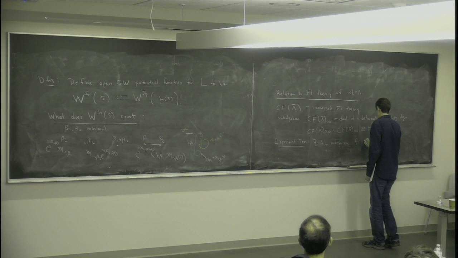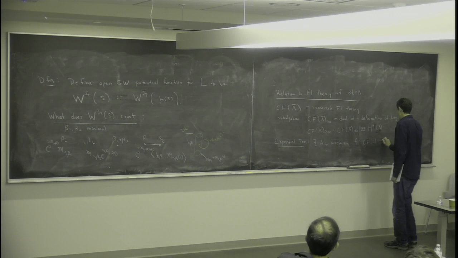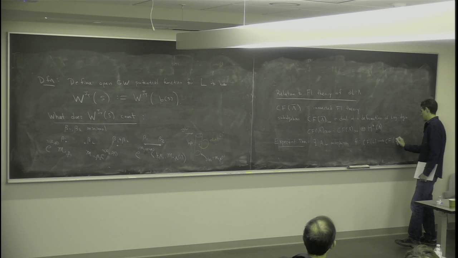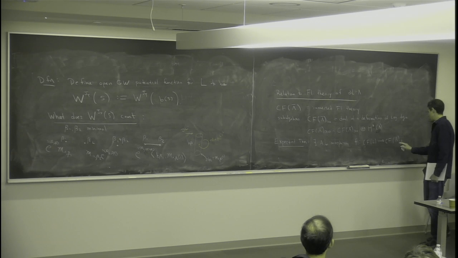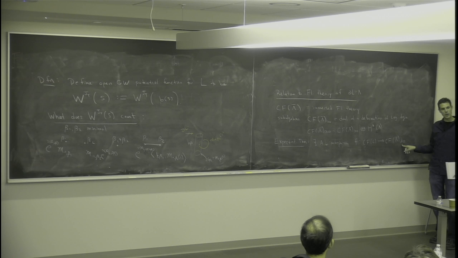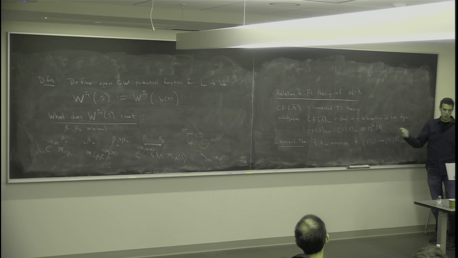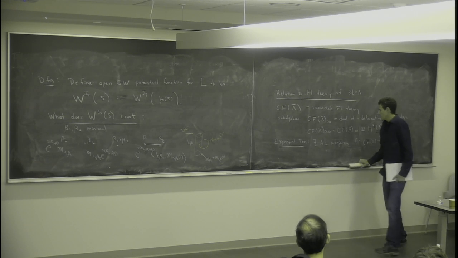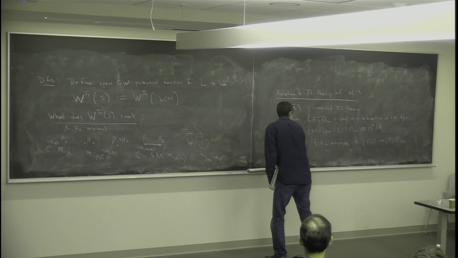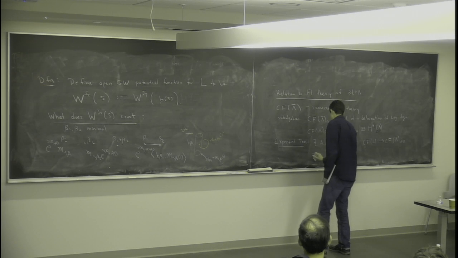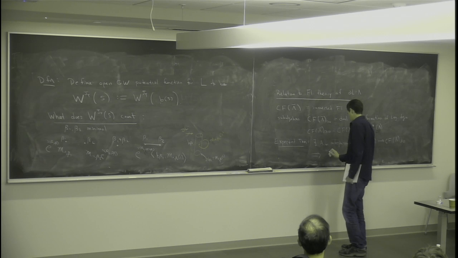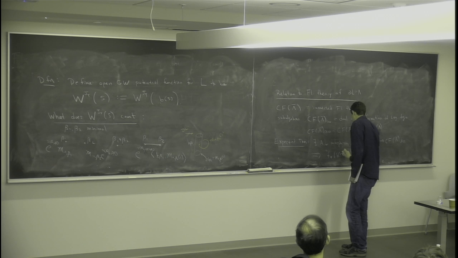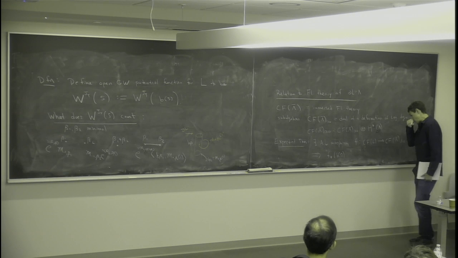So let's call this morphism F. This implies that if I push forward this family of bounding cochains on the interior, I get a one-parameter family of bounding cochains in CF lambda bar greater than or equal to 0.